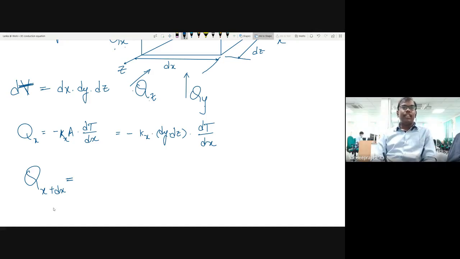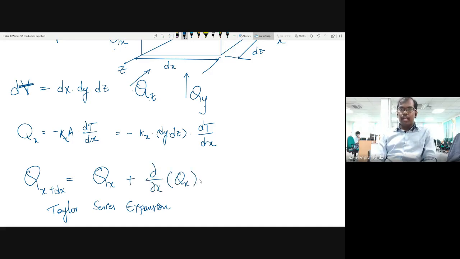See, it is based on your Taylor series expansion. Taylor series expansion you will see in mathematics. This will help you in accounting for the infinitesimally small change that happens in a control volume. So according to Taylor series expansion, it will be Qx plus dou by dou x of Qx into dx plus higher order terms.